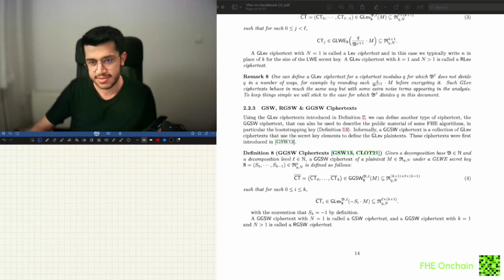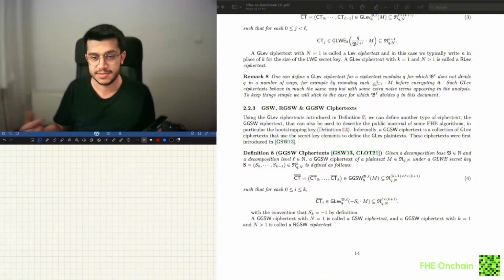this ciphertext is defined as follows: CT double bar is equal to the vector of CT bars, and each CT bar is this time a GLEV ciphertext instead of being a GLWE ciphertext.